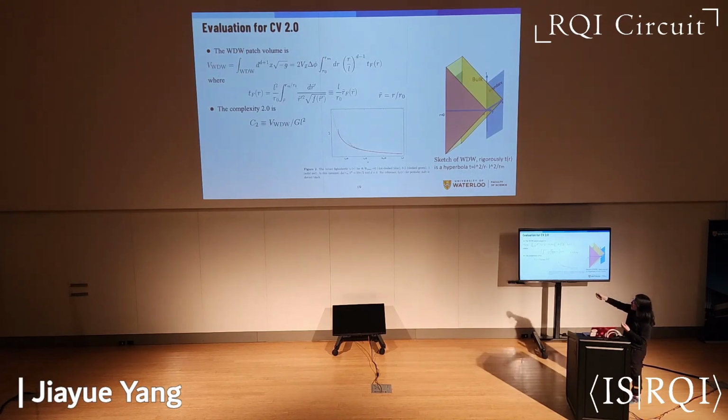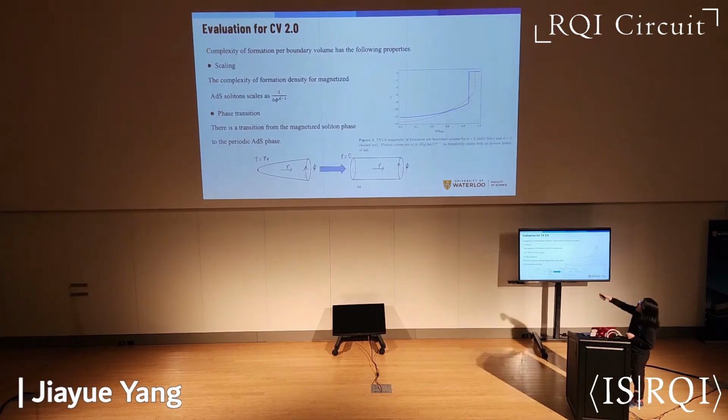If we have a space-time volume in this region, we can compute this integral. If we plot this CV version 2 versus the Wilson line, we find that the AdS soliton also scales as 1 over delta phi to the d minus 1, and there is a phase transition at this point from the AdS soliton to the AdS case.